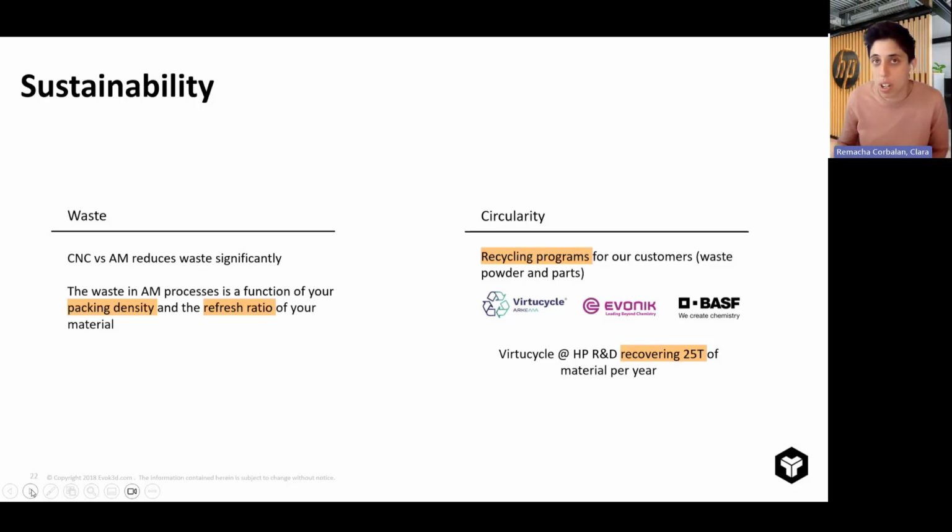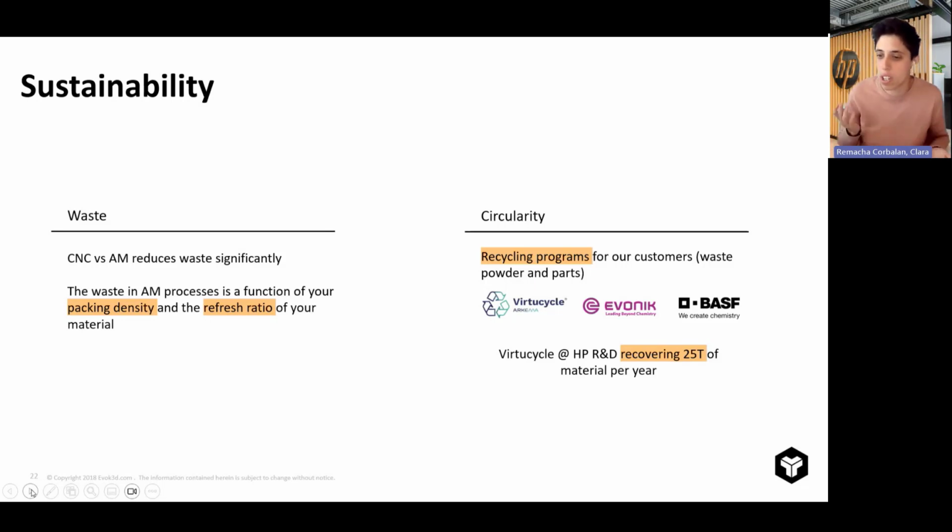But if you go to an application like a socket, where it's very difficult to nest different parts, the typical packing density is 5-6%. Then if you go to a material like PA11, you're generating powder waste that you need to do something about, versus using polypropylene, where you're basically not wasting any material.